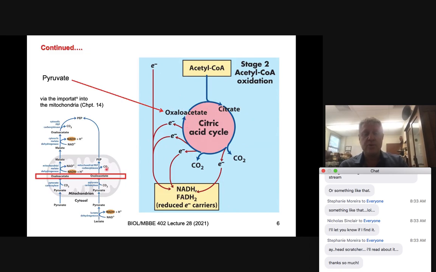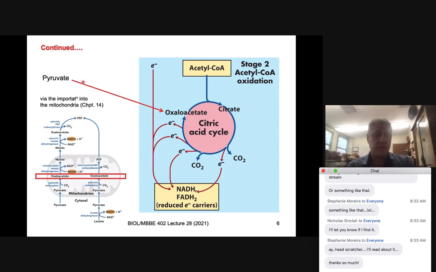We've already been introduced to this particular molecule in regards to producing phosphoenolpyruvate when we're wanting to go through a substrate to allow us to move NADH into the cytosol from the mitochondria, but also giving us this phosphoenolpyruvate to then move through to produce glucose through gluconeogenesis.